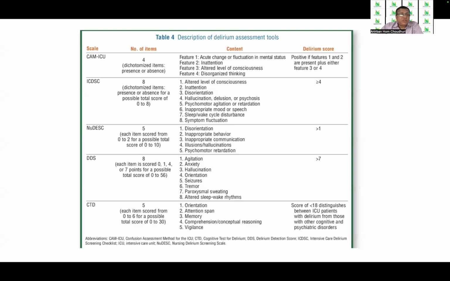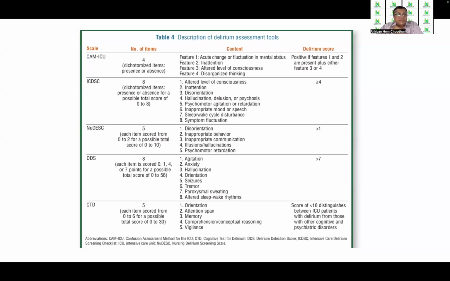In addition to these two, there are certain other scores like the Nu-DESC, which has 5 items, and a score of more than one is considered positive for delirium, the DDS and CTD. So these are also other scores which are considered to be useful.